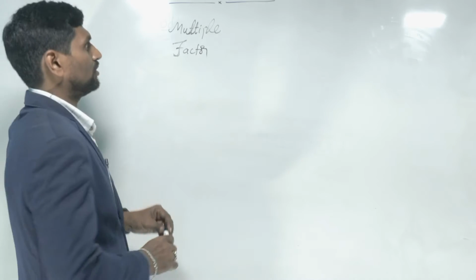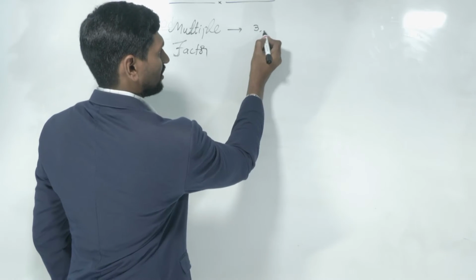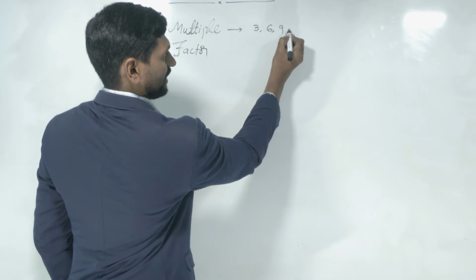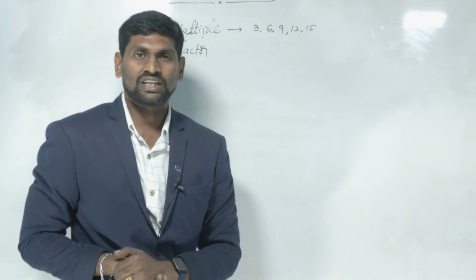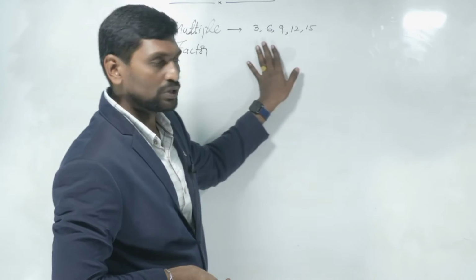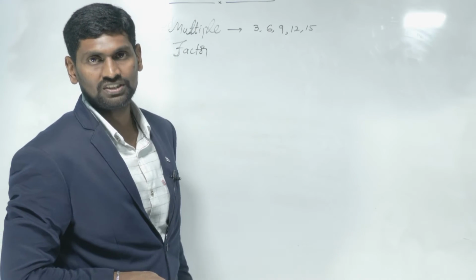For example, the table of 3: 3 ones are 3, 3 twos are 6, 3 threes are 9, 12, 15. These all come in the table of 3, so these are all the multiples of 3.